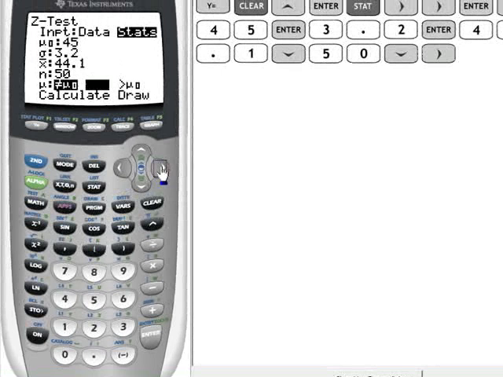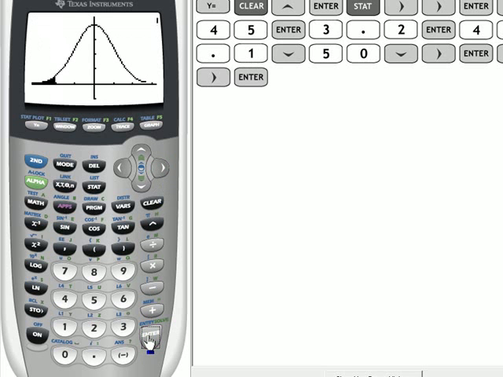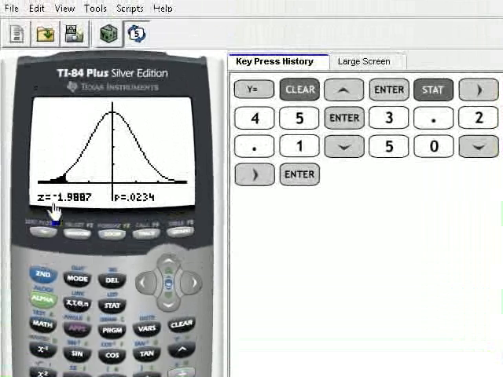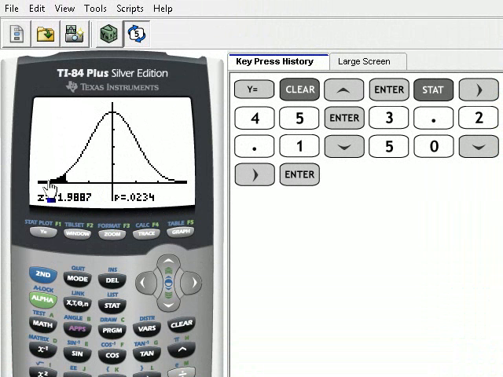The alternative hypothesis that we're testing is that mu is less than 45, so we're going to choose that one by pressing enter. We're going to arrow down, arrow over, and have the TI draw the normal curve for us. And so our results are that z is equal to negative 1.9887, and our p-value is 0.0234, and we have just a relatively small amount of shading.